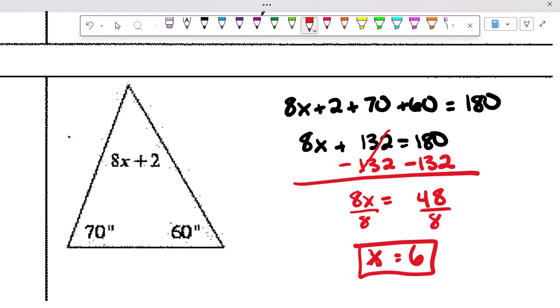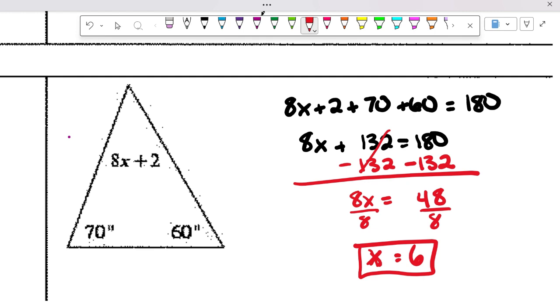We got 132. Okay, and subtract 132 from 80. We got 8x. Okay, and 8x equals 48. There's one more step. Solve for x. And do what? Divide by 8. Good. So 48 divided by 8 is what? Good.